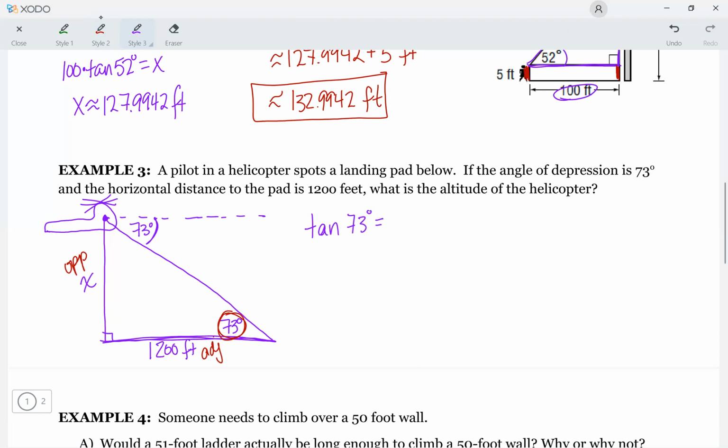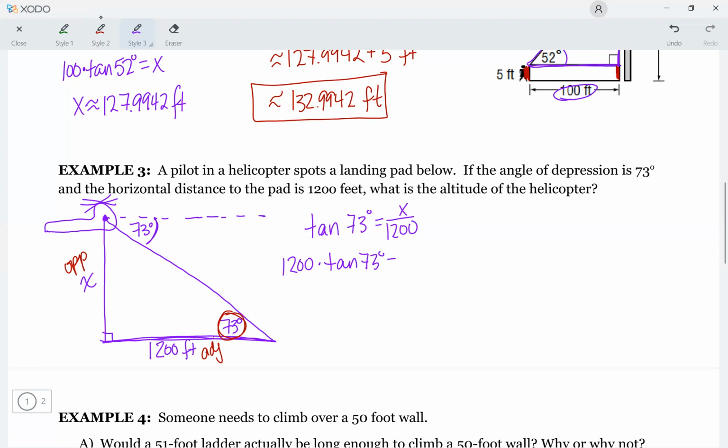No. However, it's a lot easier to measure a horizontal or a vertical distance than it is to measure that diagonal distance. So you'll find that a lot of word problems use tangent instead of sine or cosine. But again, the scenario may use the others. Always be careful, label your diagram, and then you'll be able to figure out which one to use. So again, to get x by itself, I have to multiply both sides by 1200.